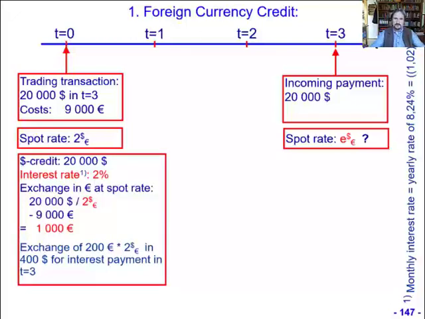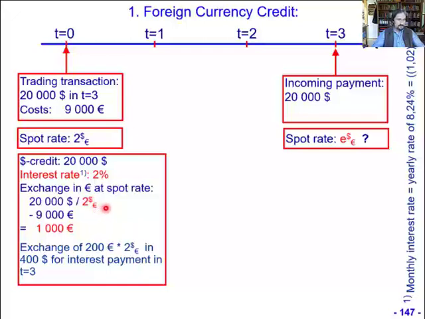Let's assume the interest rate for a dollar credit with a maturity of 3 months is just 2% for simplicity. So if we take such a credit from, let's say, an American commercial bank, we can immediately exchange the dollar credit at the current spot exchange rate of $2 per euro.